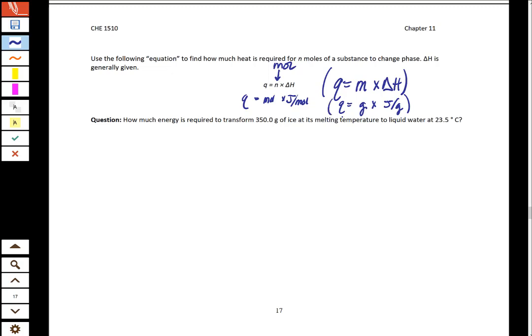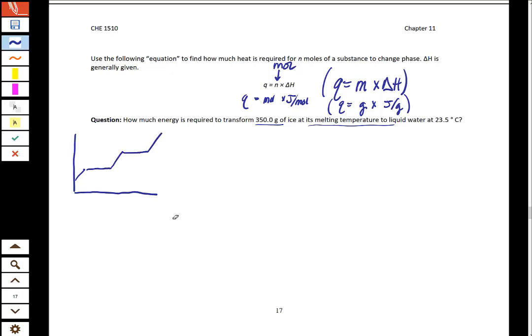So let's wrap this section up with a practice question. How much energy is required to transform 350 grams of ice at its melting temperature to liquid water at 23.5 degrees Celsius? Honestly, my favorite way to start all of these problems is to draw a small graph off to the side. I like to draw the graph because so many times students don't know where to stop and start.